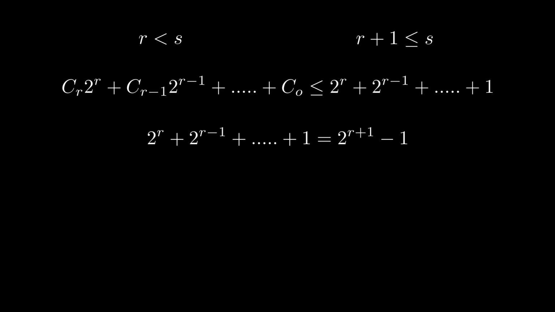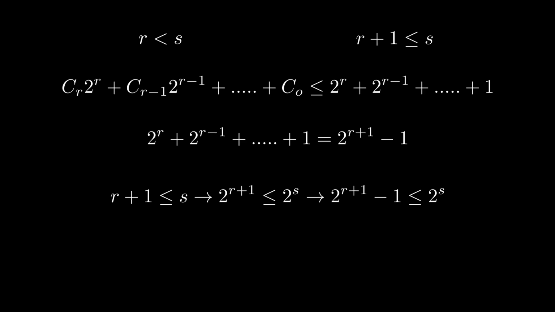When all coefficients are equal to 1, we use the formula for the geometric sum and end up with the following result. This result is smaller than 2 to the power S, using the fact that R plus 1 is smaller or equal to S, and using these integers as exponents of base 2 does not change the inequality, since the exponential function is strictly increasing.